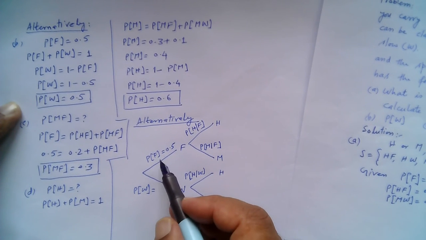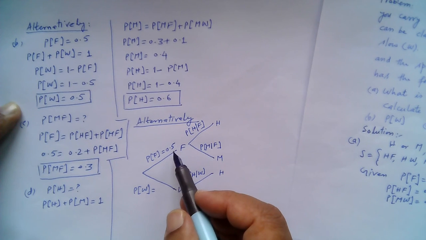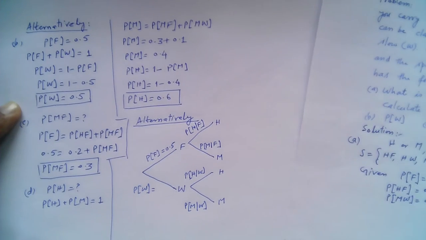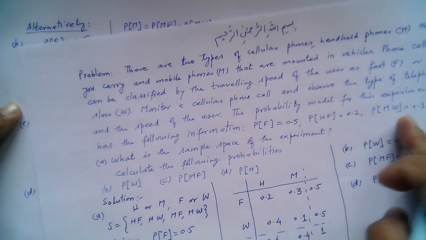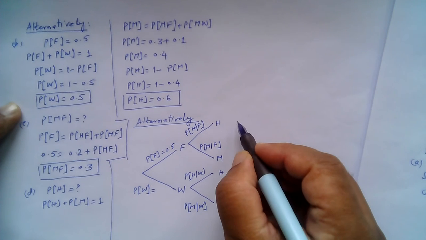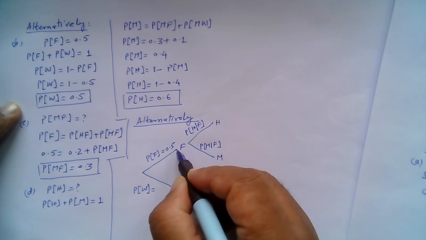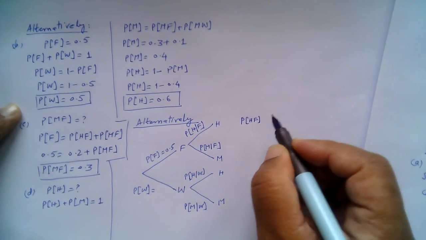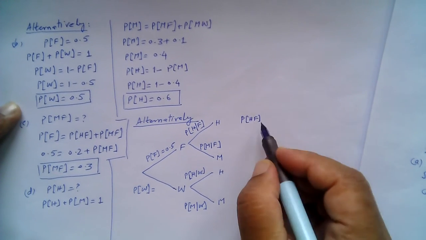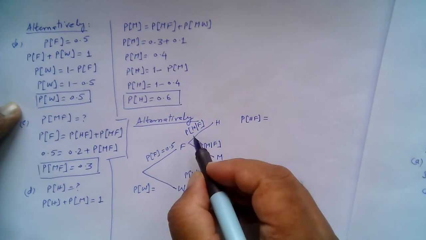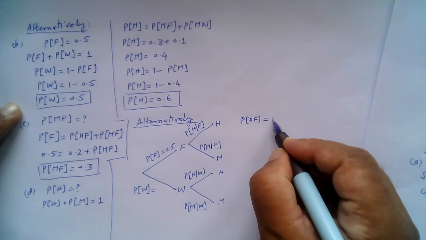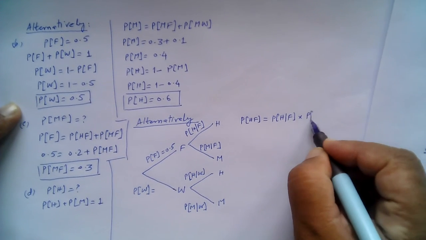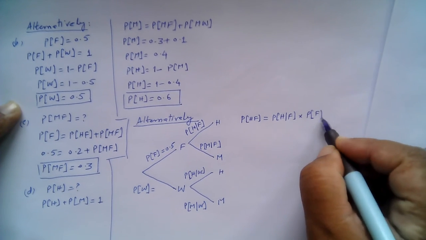And we are given certain probabilities. For example, we are given probability that it is fast is 0.5, and we are also given probability of HF and probability of MW. Now this here is probability of HF, because you see probability HF is equal to probability of H given F multiplied by probability of F, right?